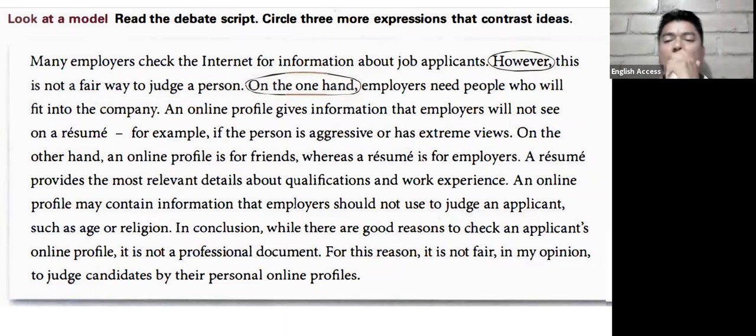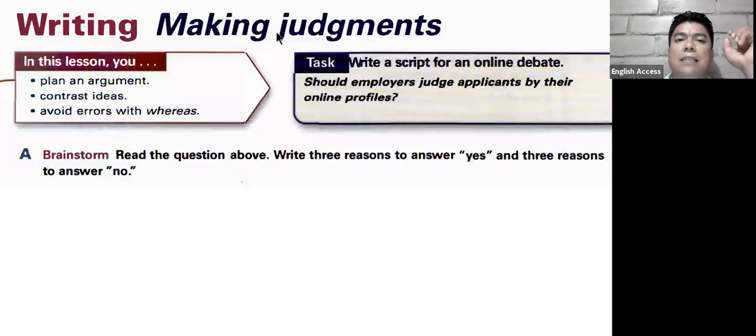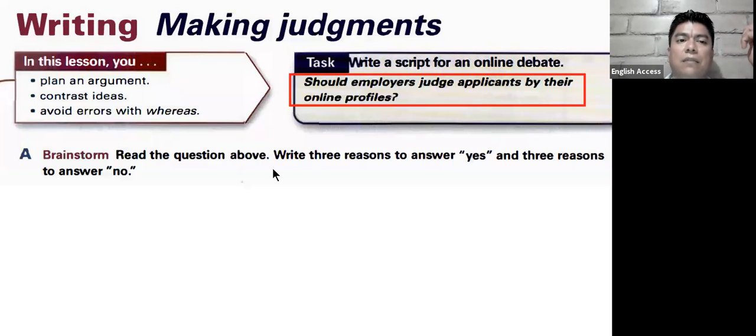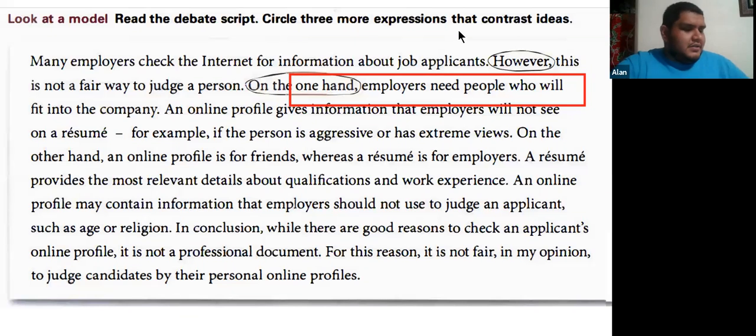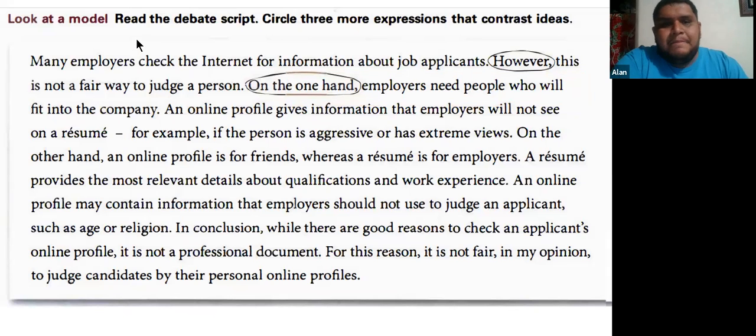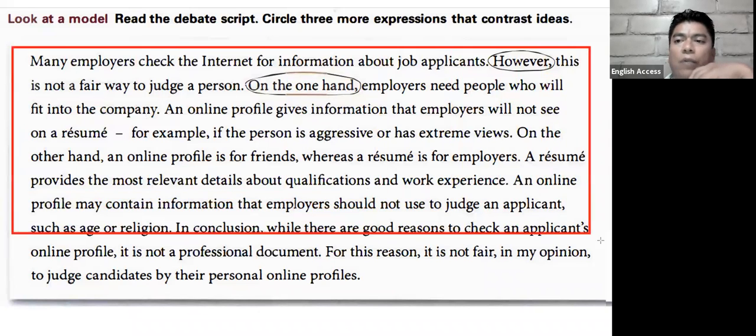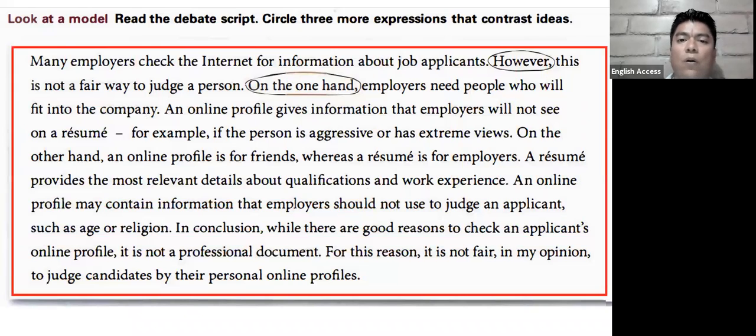All right, guys. So this person agrees or disagrees with the task? Disagrees. Should employers judge applicants by their online profiles? This person disagrees, right? Yes. And this is what you have to do, a script similar to this. In one script, you have to write all your ideas, and all of your ideas together need to be connected.